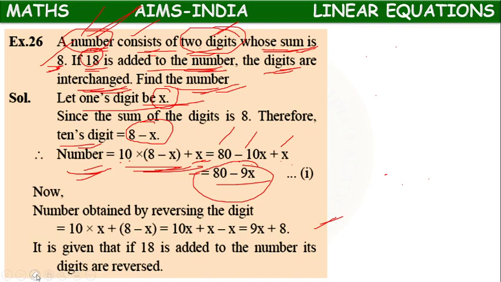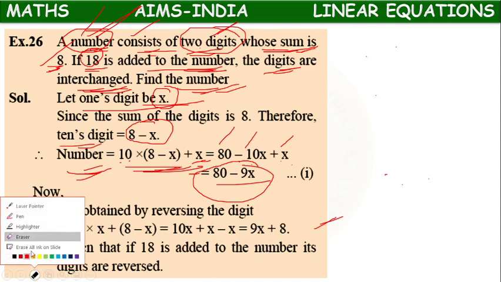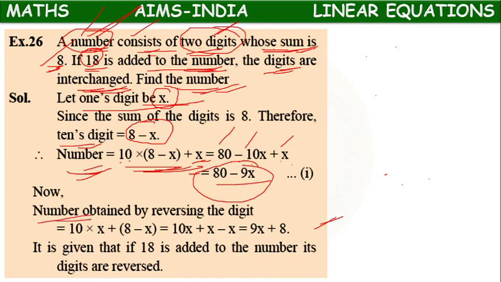Now, what have they told? The number obtained by reversing the digits. Previously, in the ones place we have x, and in the tens place we have 8 minus x.